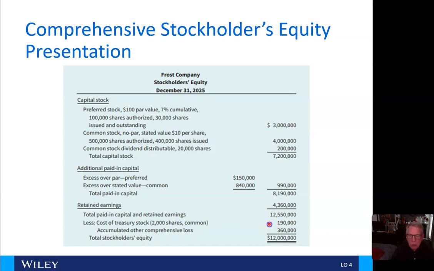We had some treasury stock, which we're subtracting here, and also an accumulated other comprehensive loss of $360,000, which leaves us with exactly $12 million in total stockholders' equity.